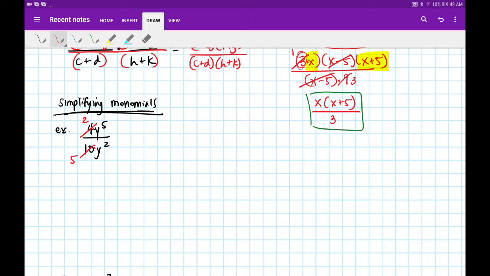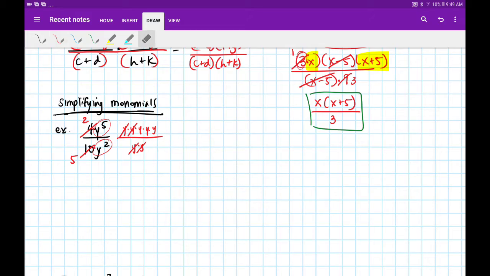But I can also simplify my variables here. What's really happening is if I have 5 y's being multiplied together on the top, right, that's what that is, and I have y times y on the bottom. And so notice that 2 of these get to cancel together, and we're really left with y cubed up top.